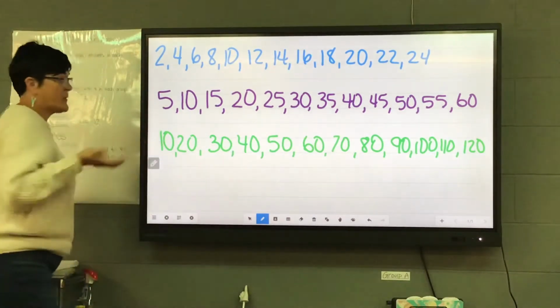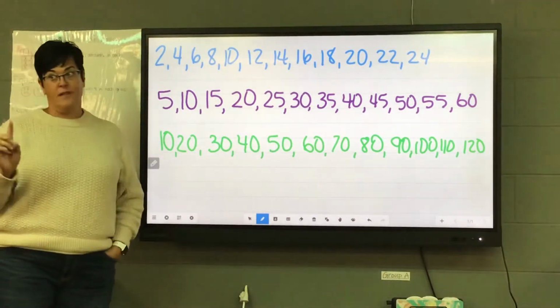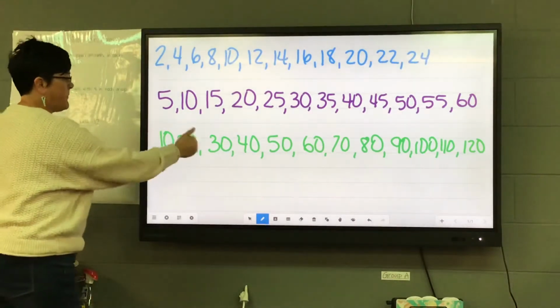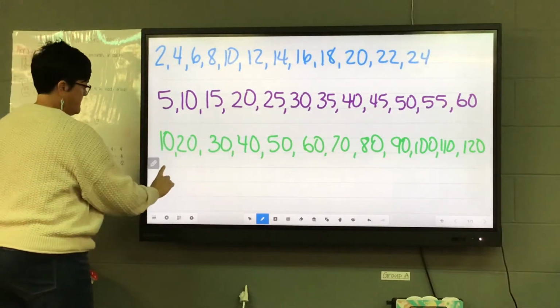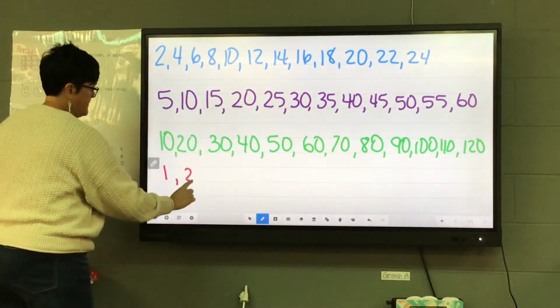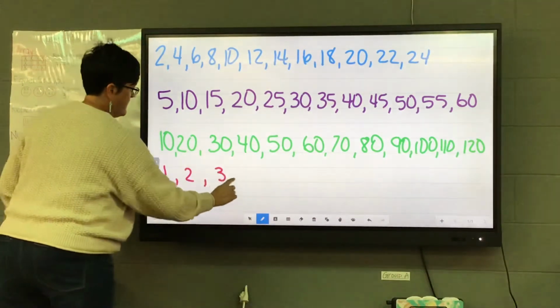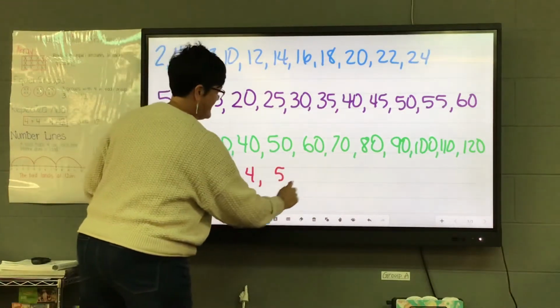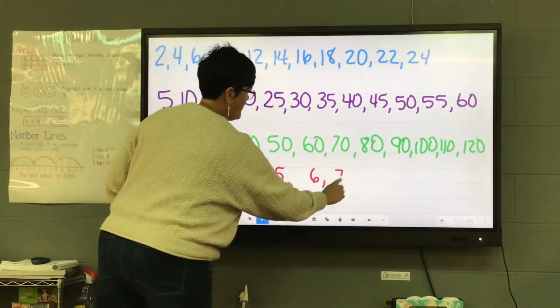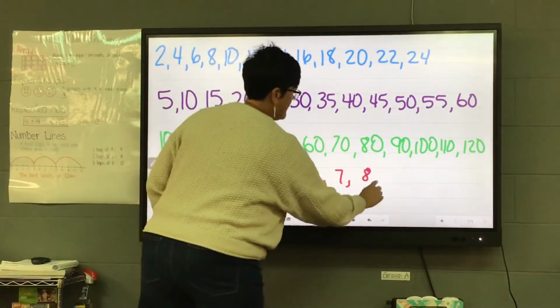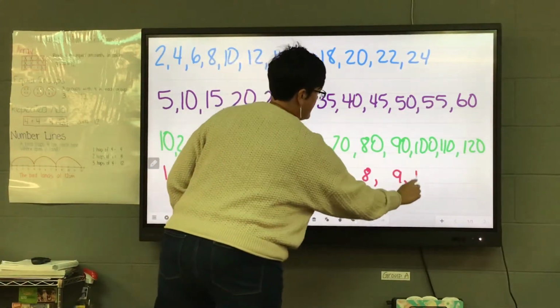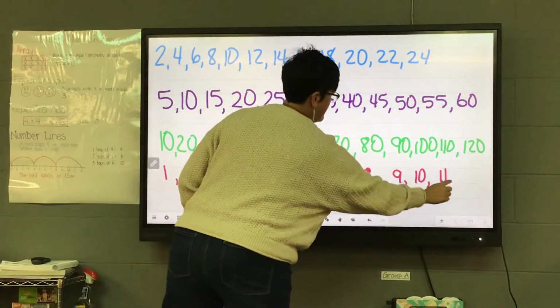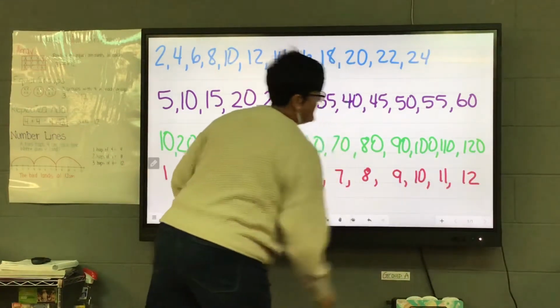All right, so we're skip counting by ones, but I'm gonna line them up with my tens. 1, 2, 3, 4, 5, 6, 7, 8, 9, 10, 11, 12, 13, 14.